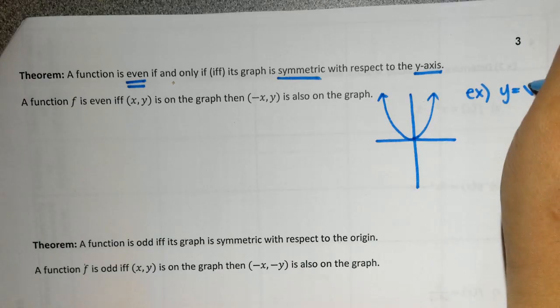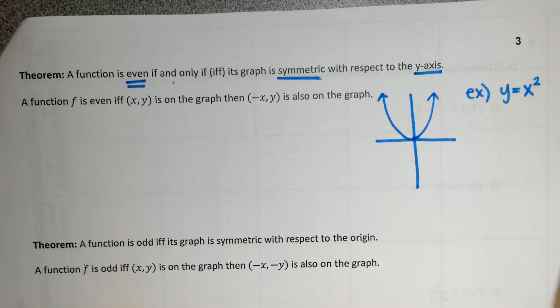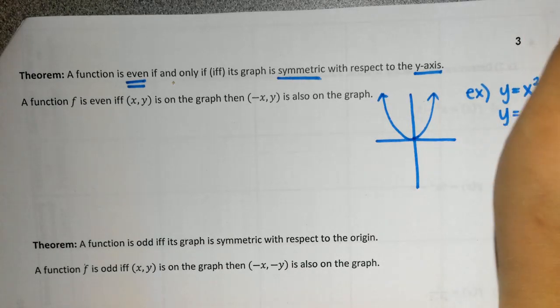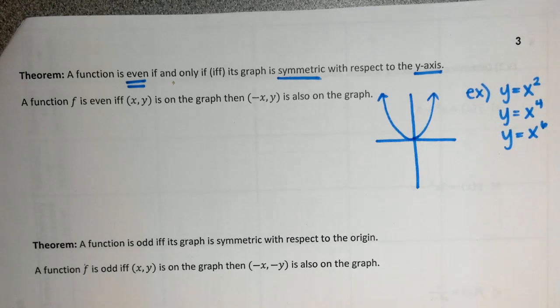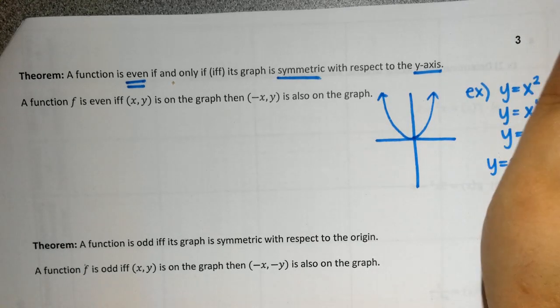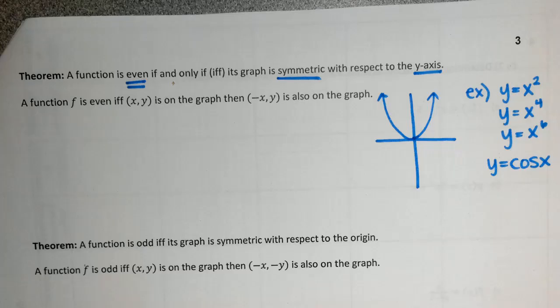y equals x squared is an even function. y equals x to the 4th and y equals x to the 6th are also even functions. Oh, and guess what? Their exponents are even. We just said cosine was even. Can anybody think of anything else that is also symmetric to the y-axis?